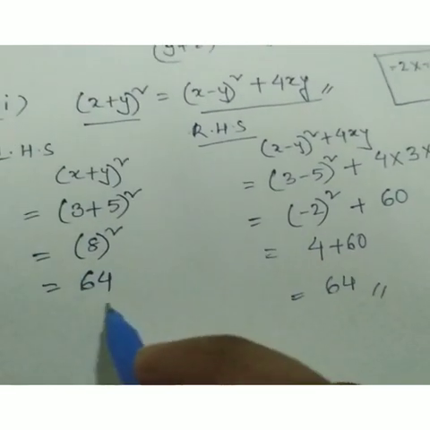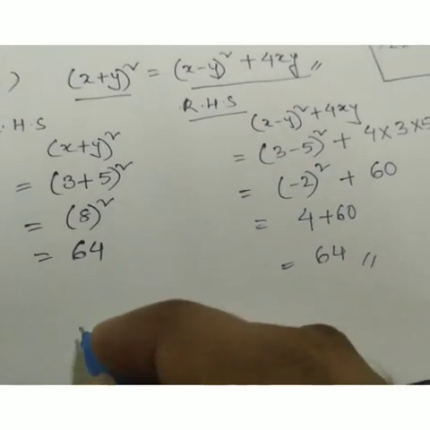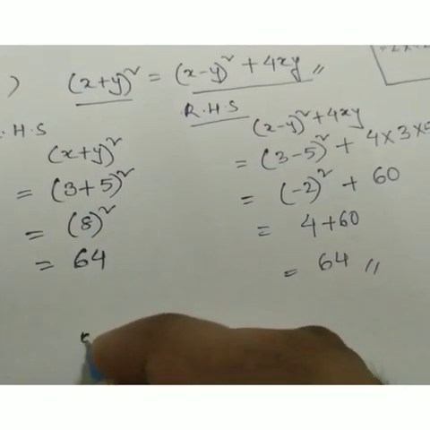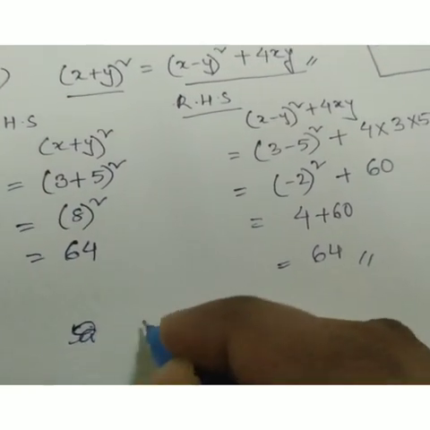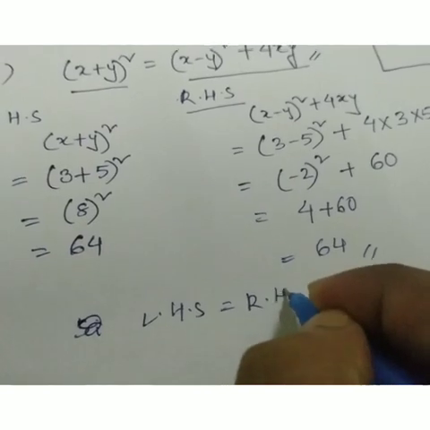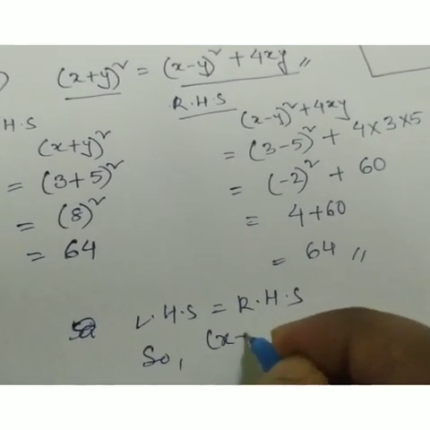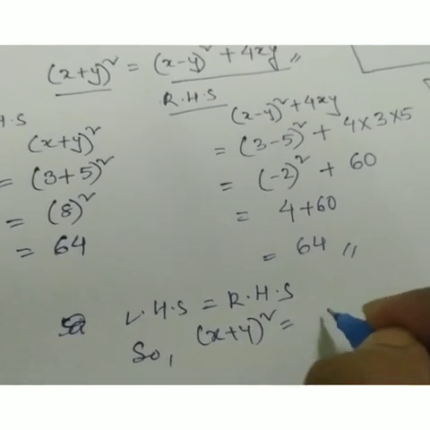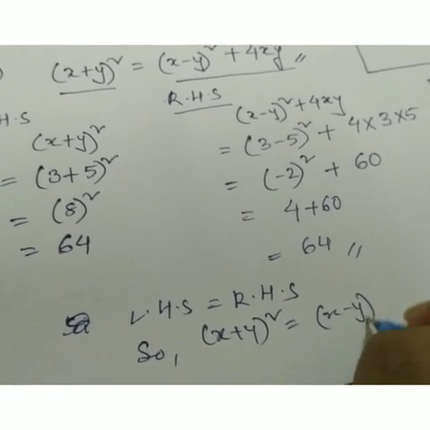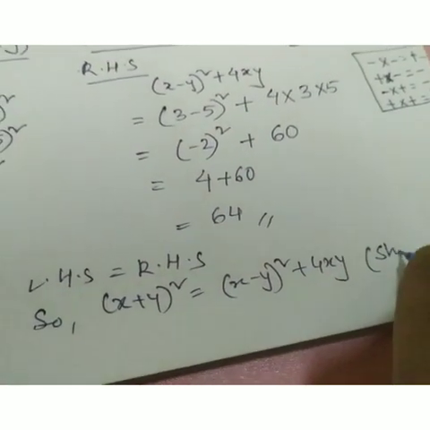So you see, left hand side I got 64, right hand side also I got 64. Therefore left hand side equals right hand side. So x plus y whole square equals x minus y whole square plus 4xy, shown.